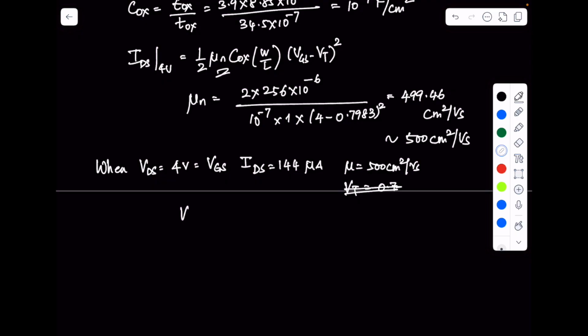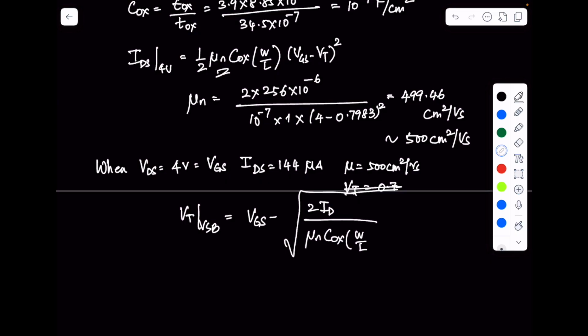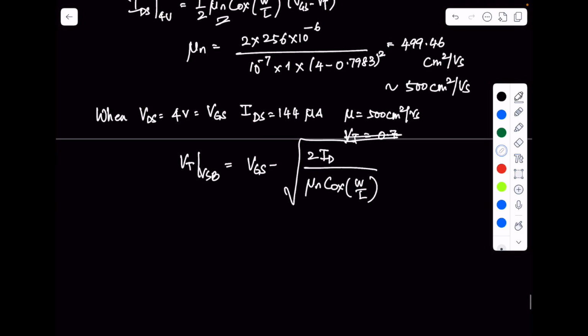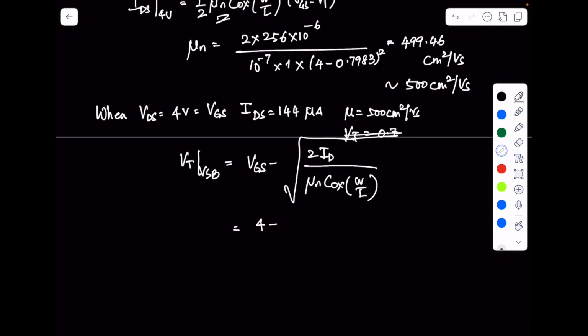So Vt, when I apply a substrate bias, is given by VGS minus square root of 2ID by mu n Cox W by L. Again, I use the saturation current equation, which is 4 minus square root of 2 into 144 into 10 power minus 6 divided by 499.46 into 10 power minus 7, and W by L is 1.